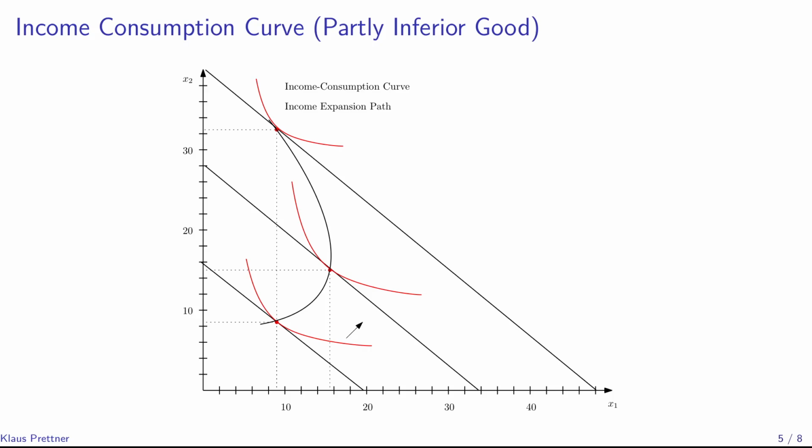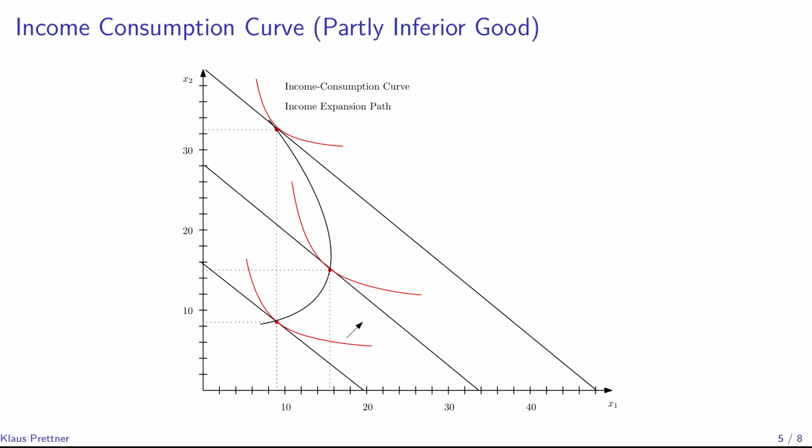How does this change if we have a good that is at least partly inferior? So for some income levels, it is an inferior good. In this case, we can again plot the income expansion curve, where for low income levels, starting at this optimal point here, an expansion of income leads to an expansion of the consumption of good x1 and x2.